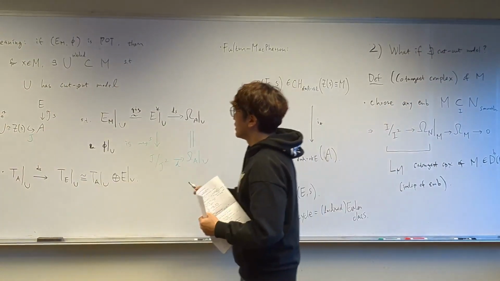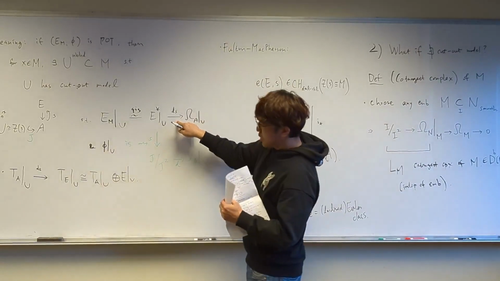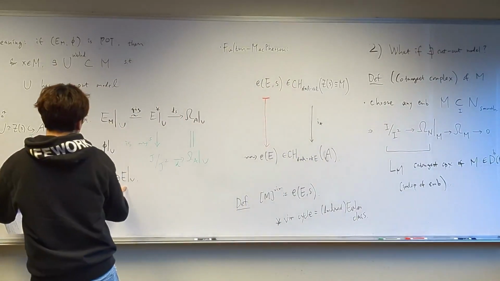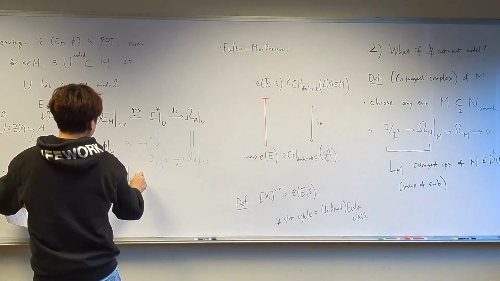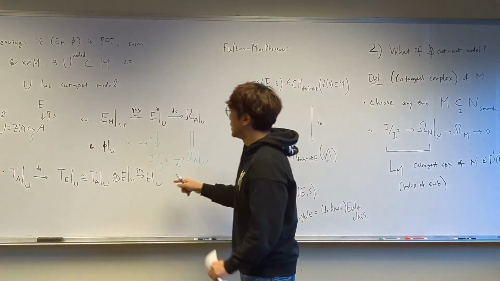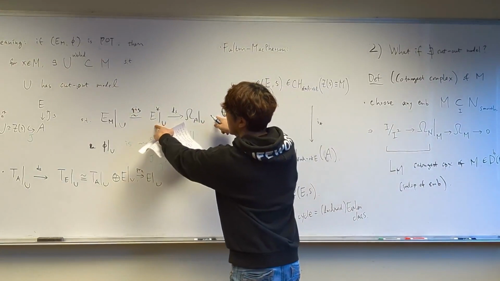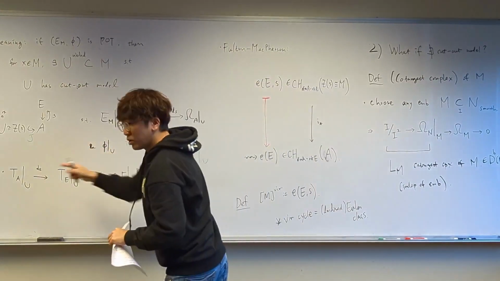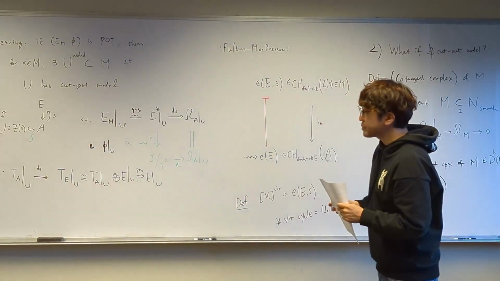So this morphism is the dual of this projection. If we project into the second component, then the first row is the dual of this morphism.